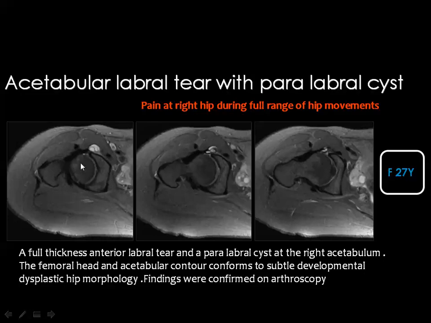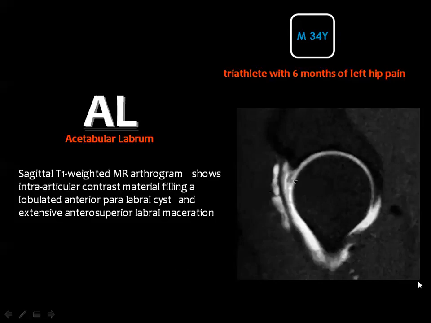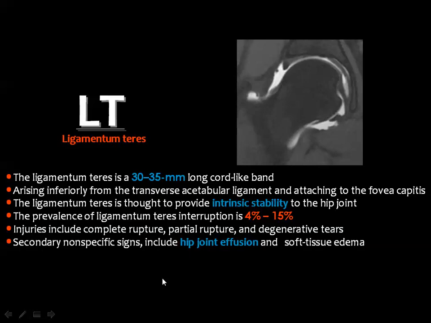And the paralabral cyst is considered one of the diagnostic criteria suggestive of an associated labral tear. And you can see here in this sagittal image, there is detachment and laceration of the anterior labrum, and you have this big cystic component related to its site, denoting a paralabral cyst.